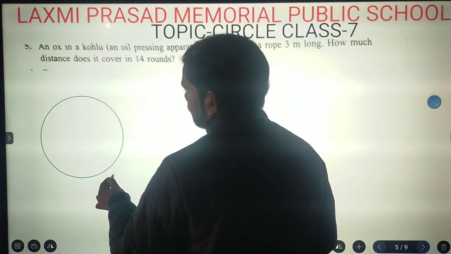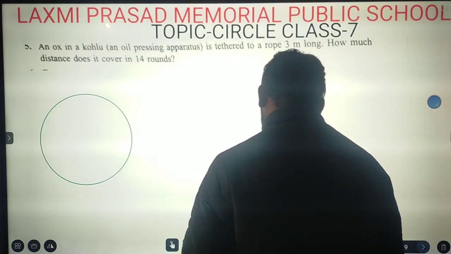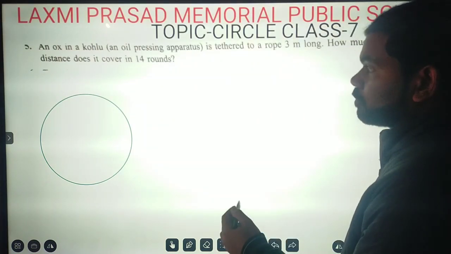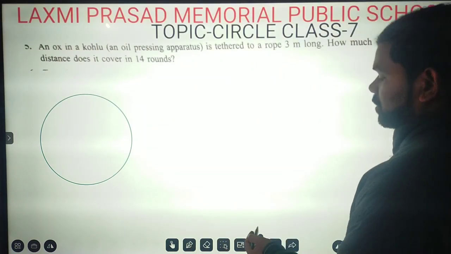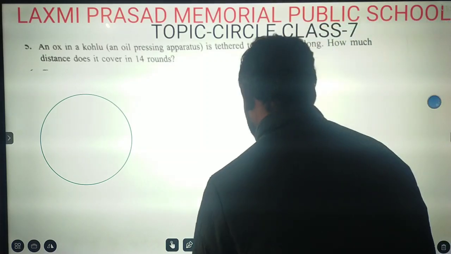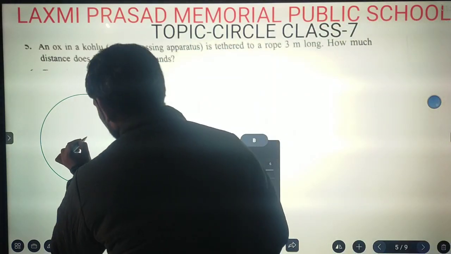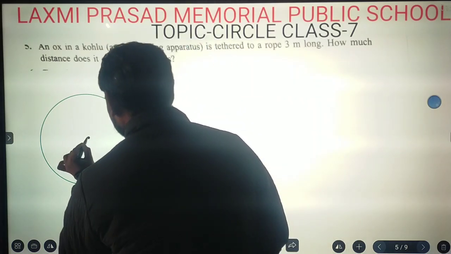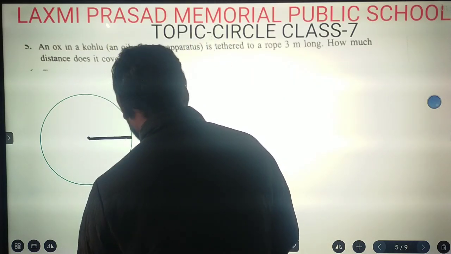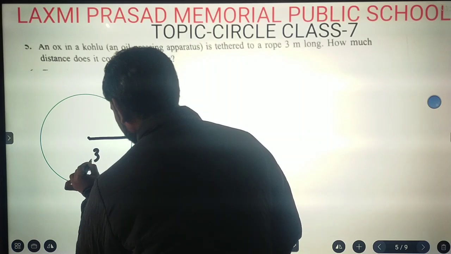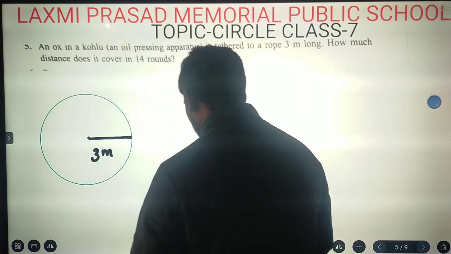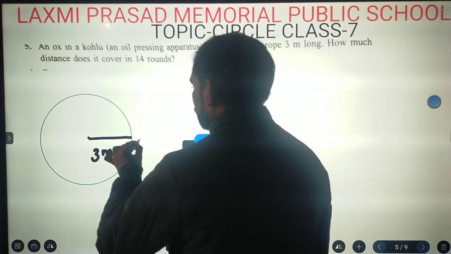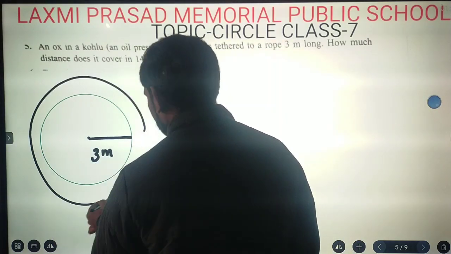As we know, in a kolhu the ox will move in a circular path. Therefore, this is the point through which it has been tied with a rope of 3 meters, and it will move in this manner.